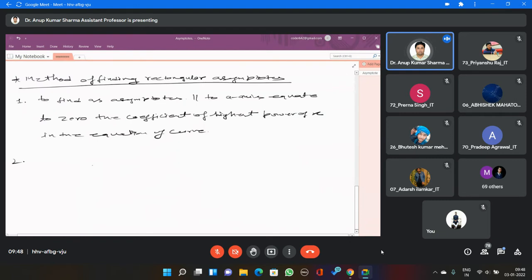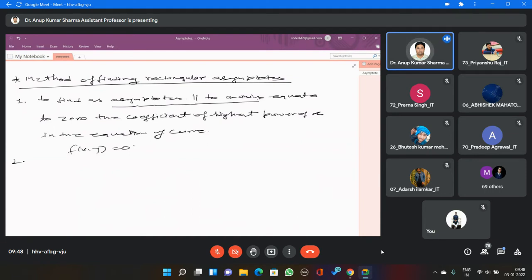A function of x y is equal to 0. So what happened? You just separated all the terms. To find the asymptotes parallel to the x-axis, which means perpendicular to the y-axis, equate to 0 the coefficient of the highest power of x in the equation of the curve.